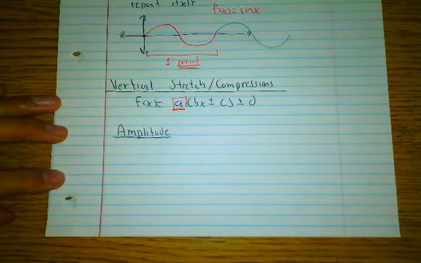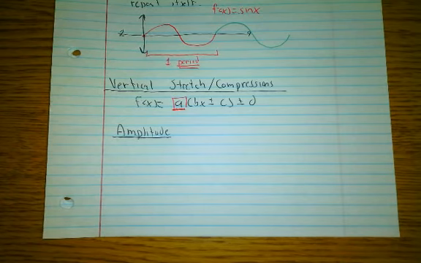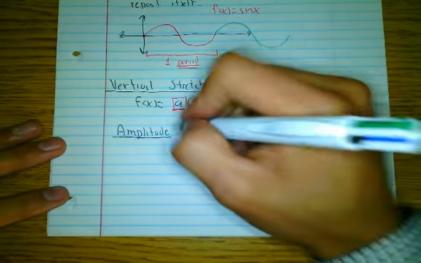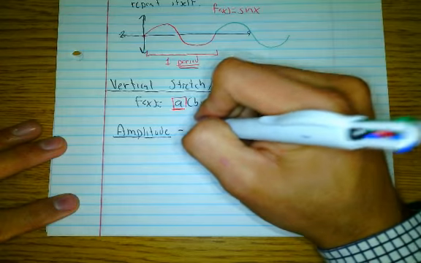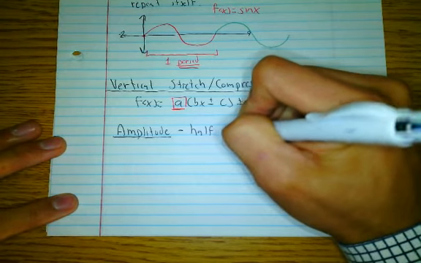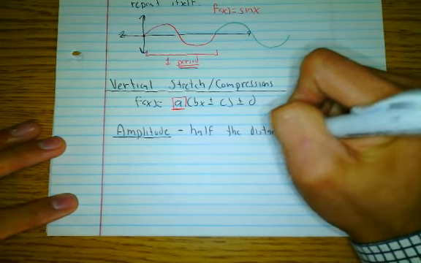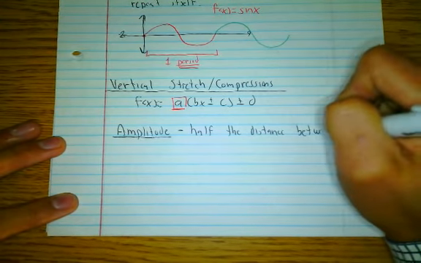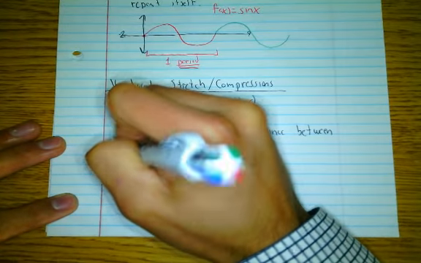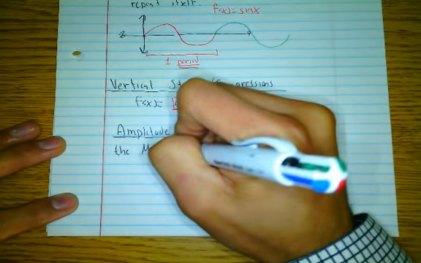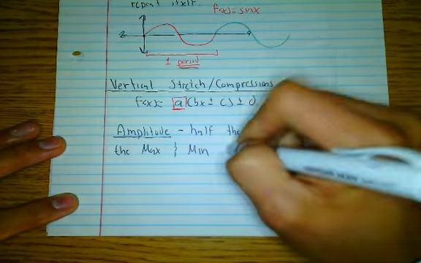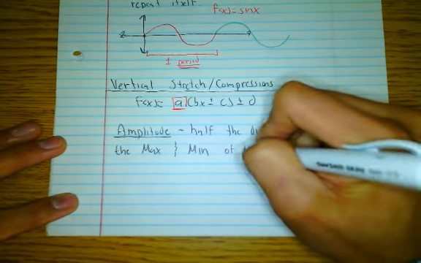Here's the definition of amplitude, and then I want to see if you can tell me what that means. Amplitude is half the distance between the maximum and the minimum of the function.